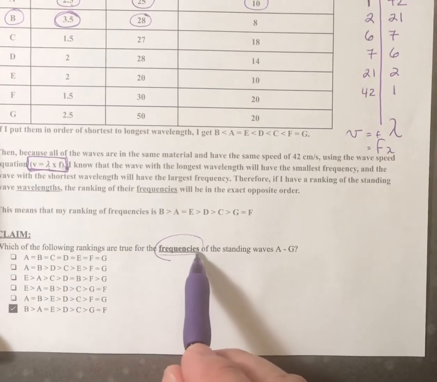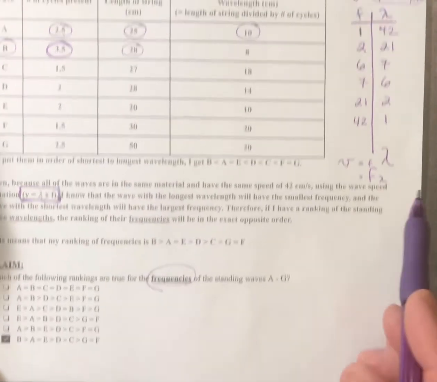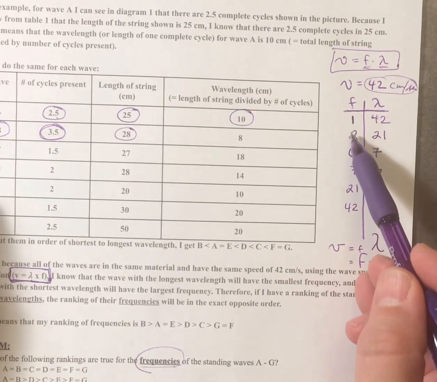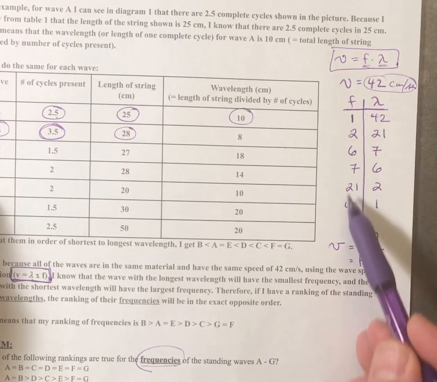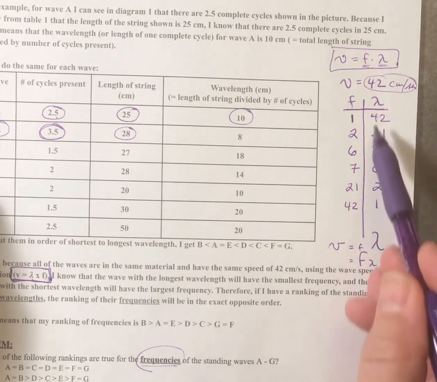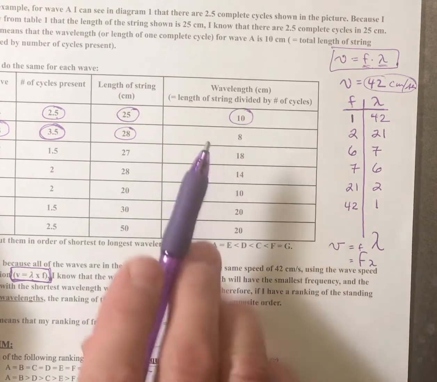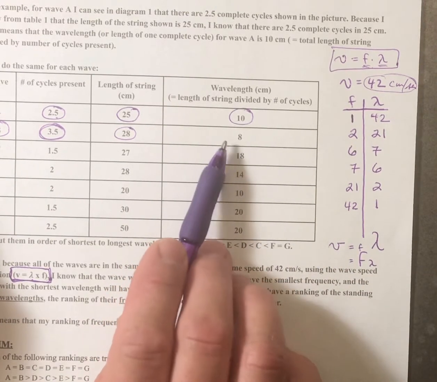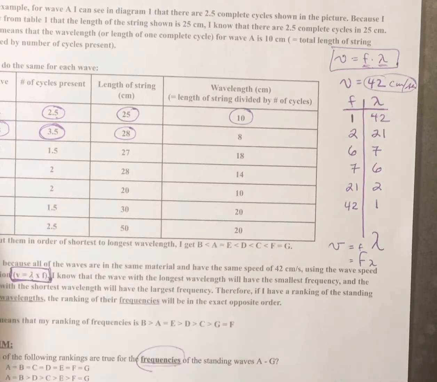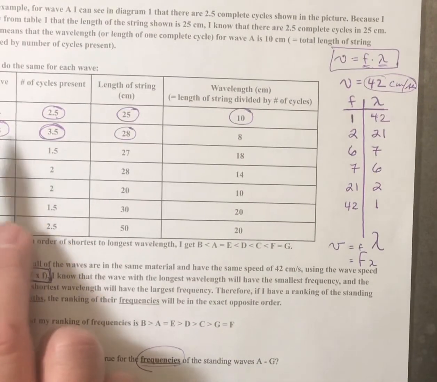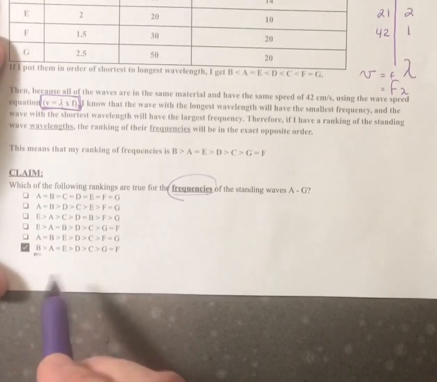Notice that the largest frequency corresponds to the smallest wavelength. So here the smallest wavelength is 8, and so that means that B would have the largest frequency. And so when you list them, that's why B is the biggest.